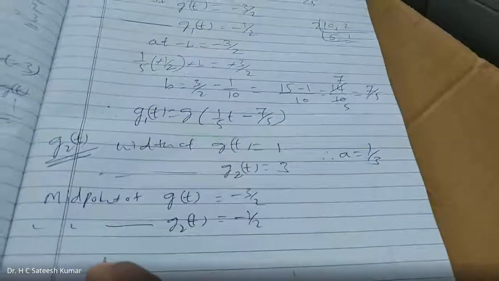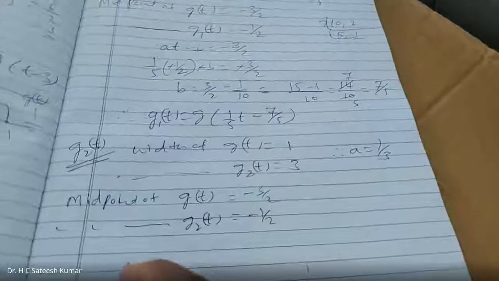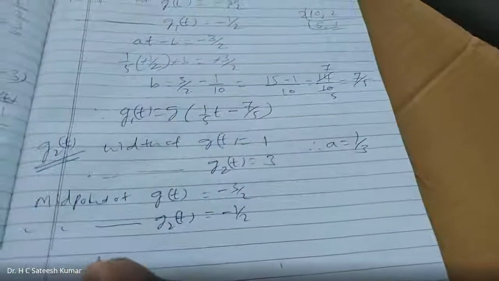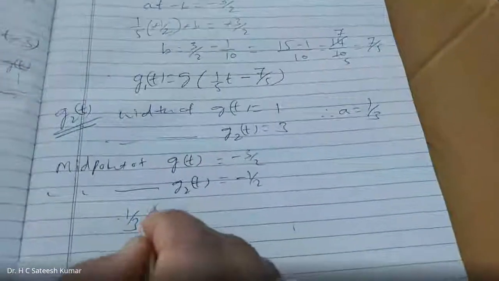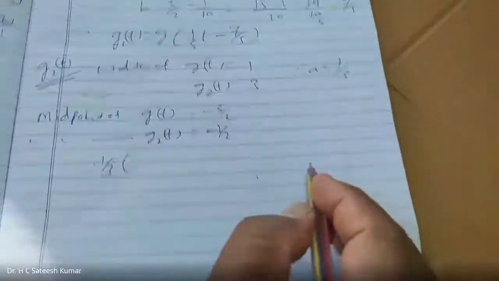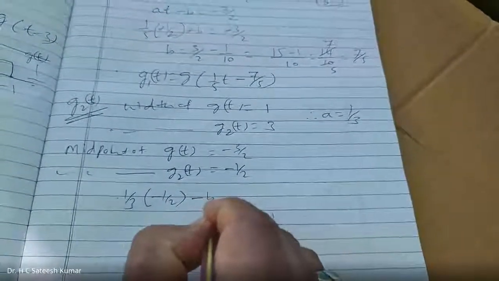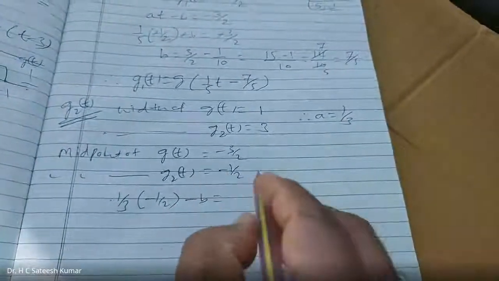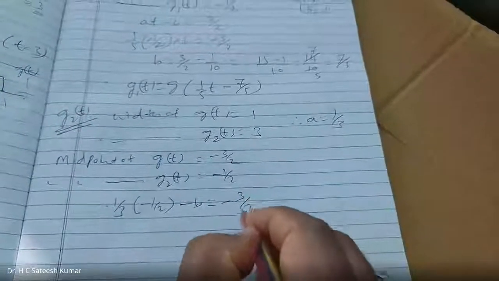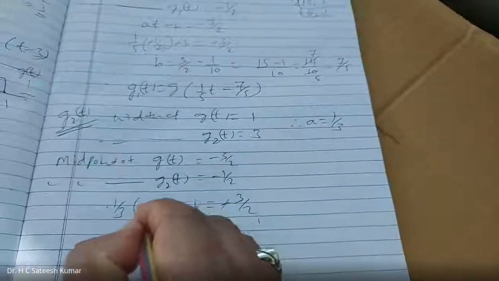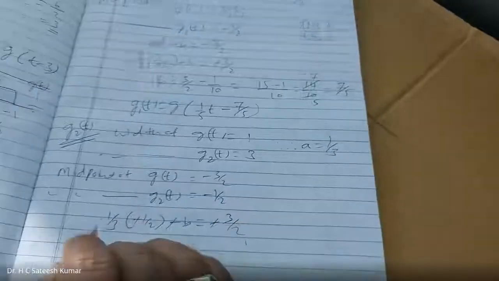Therefore, a is 1 by 3. And where we wanted to shift, minus b is equal to the center of g of t, minus 3 by 2. Multiply by minus sign on both sides. Okay, right.